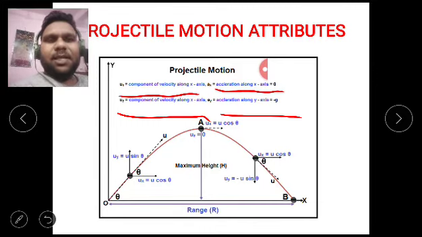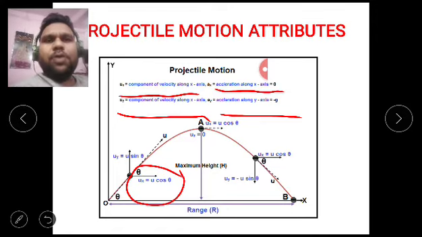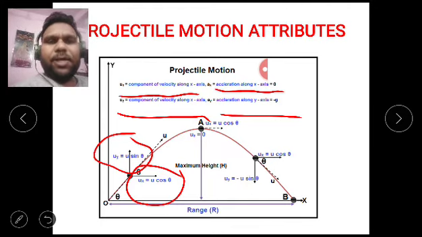One is the horizontal component along the x-axis, and the other is the vertical component along the y-axis. The component along the x-axis is ux equal to u cos theta, and the component along the y-axis is uy equal to u sin theta. These are the two components of velocity, and theta is called the angle of projection.